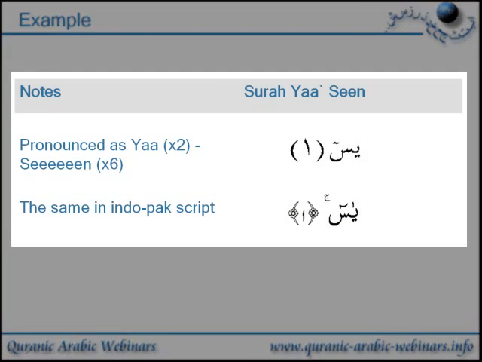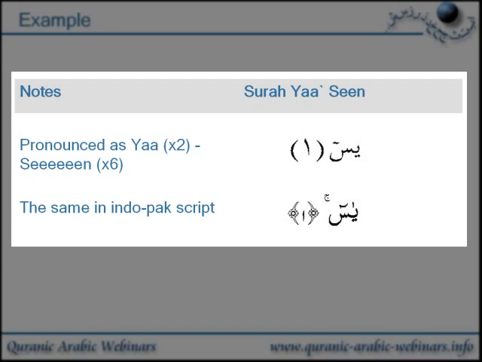Here we have the first line from Surah Yasin, and these are some of these opening or abbreviated letters. The first thing to note is these abbreviated letters are pronounced as the names of the letters, not as sounds. The first example, from the Uthmani script, is Yasin.